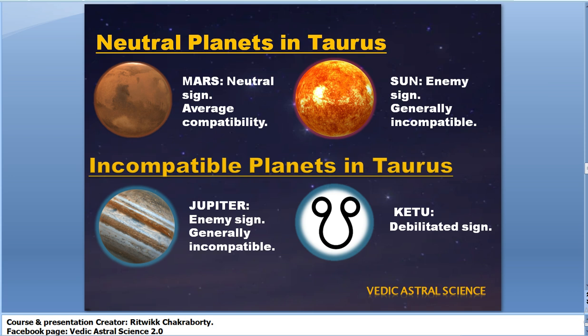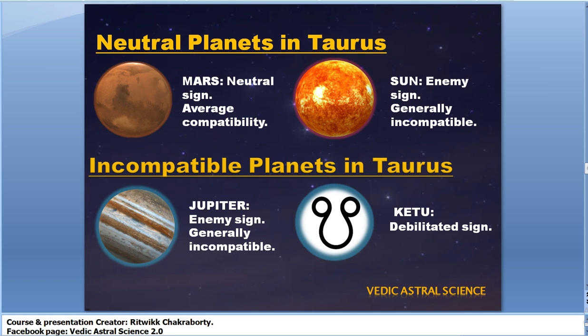And if you count from the Mool Trikon position of Jupiter, which is Sagittarius, you will find the sign Taurus in the 6th house, which is again not a good position to be. So Jupiter can be considered incompatible here.